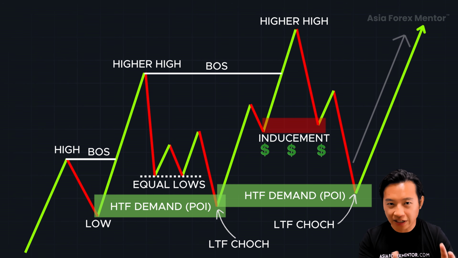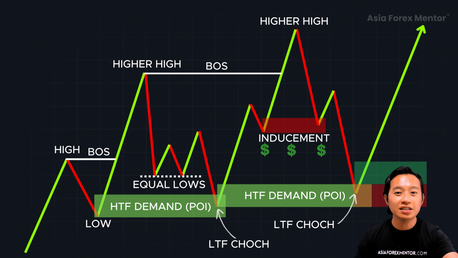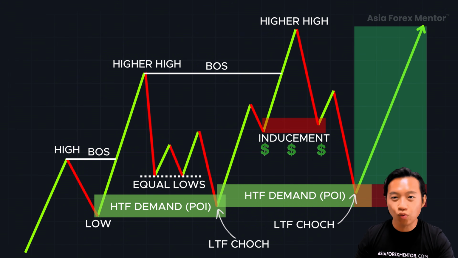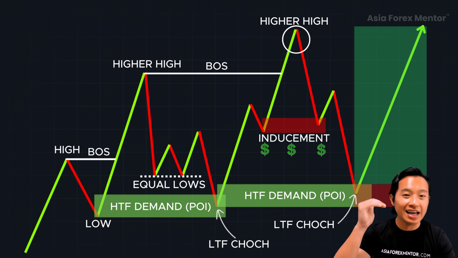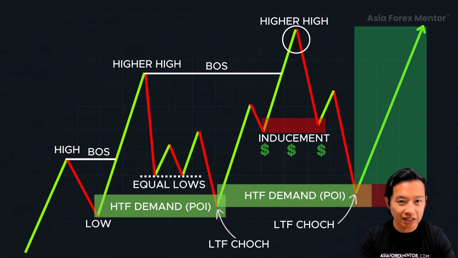To add on, that's where you identify a new point of interest, a demand zone on the lower time frame where we can plan our trade entries. When these conditions align, you can consider a long opportunity with our targets set at the external liquidity that serves as our take profit level.